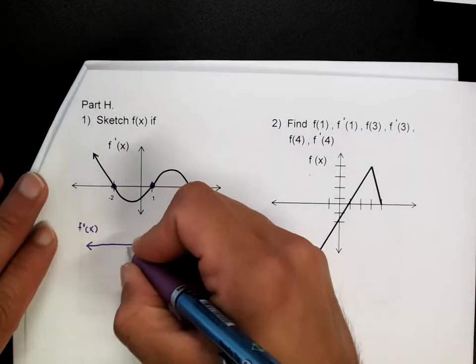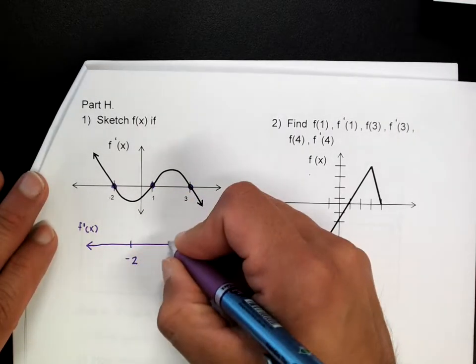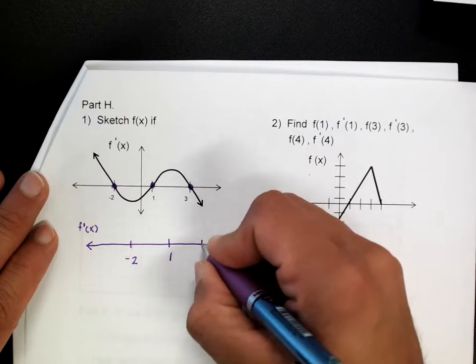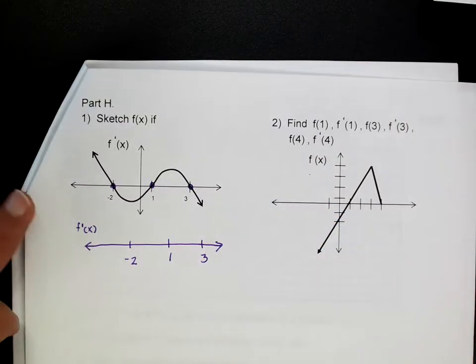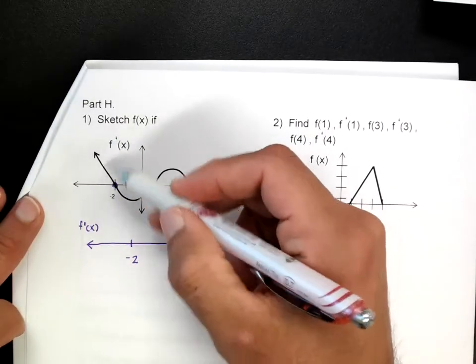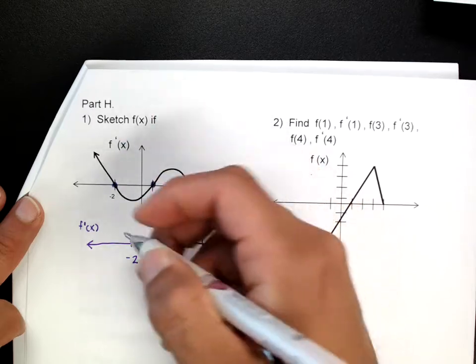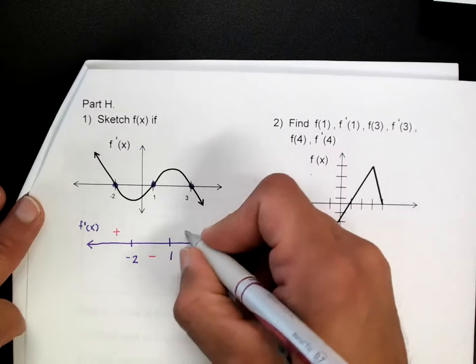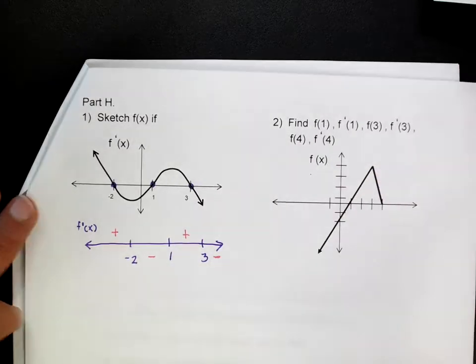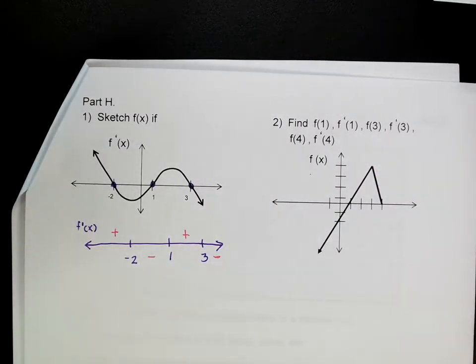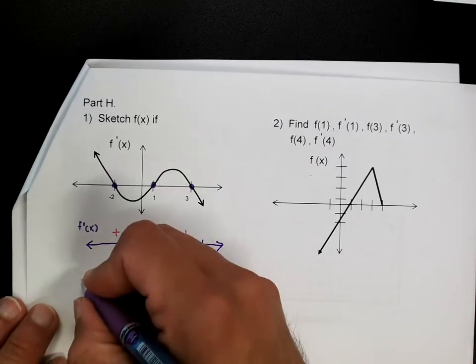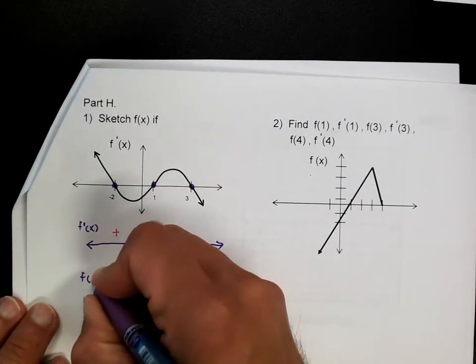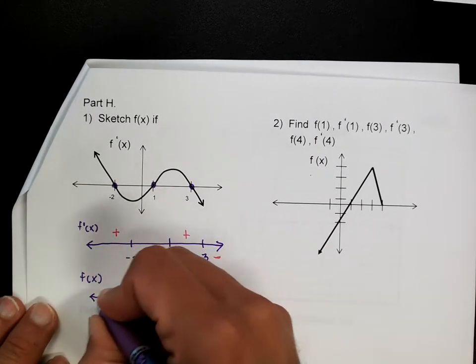So I'm actually going to transfer those down here. And then this would be, remember, above the x-axis for the derivative, that's going to be a positive. Down here is going to be a negative, positive, negative. Everybody with me?